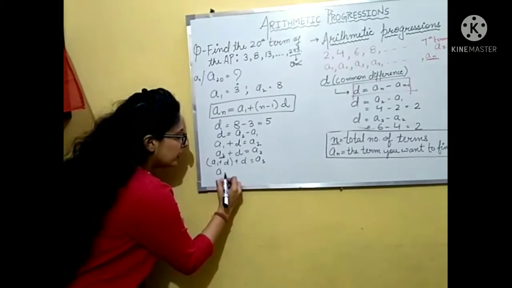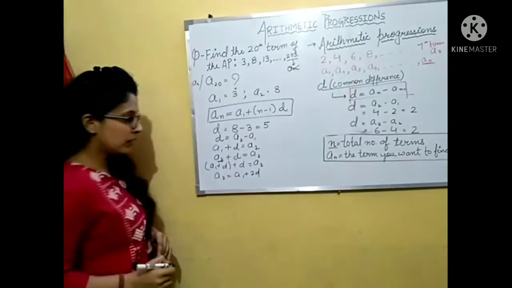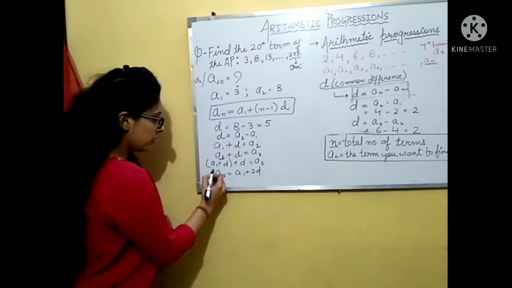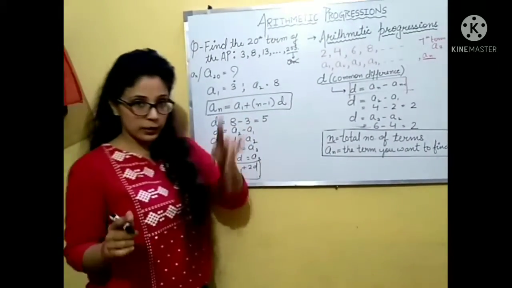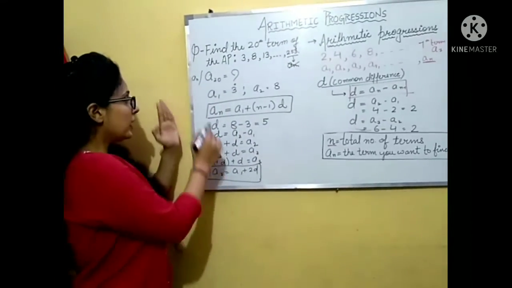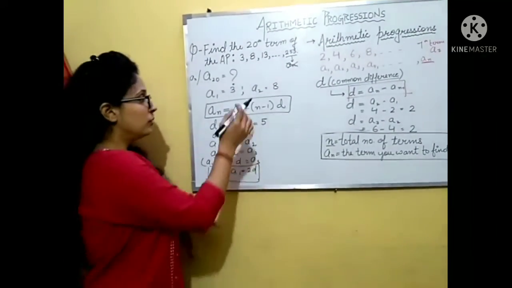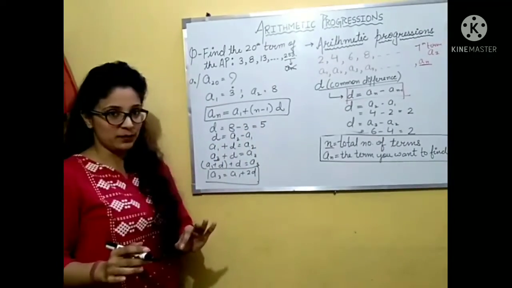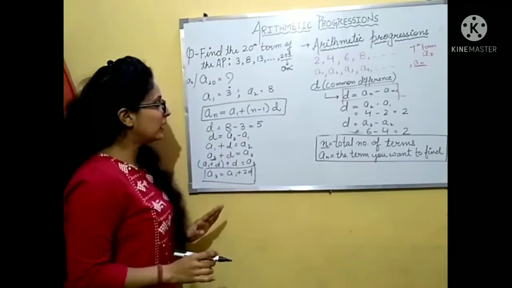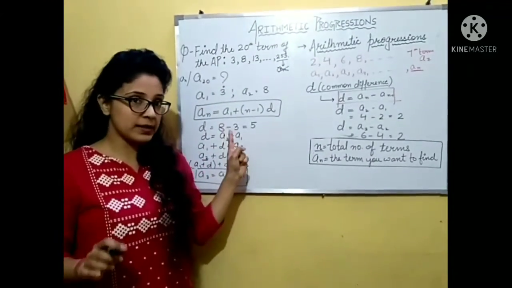So here A3 is equal to A1 plus twice of D. From here this formula has come out. It means if you find your nth term, you have to add n minus 1 into D to your first term. So I think you have understood where this formula has come from.